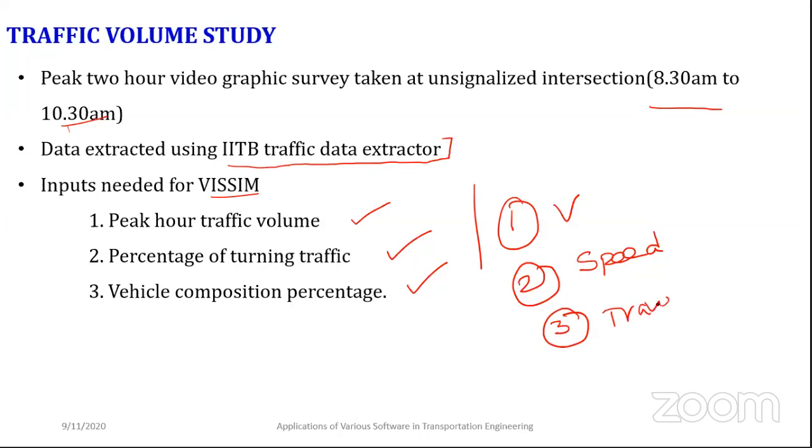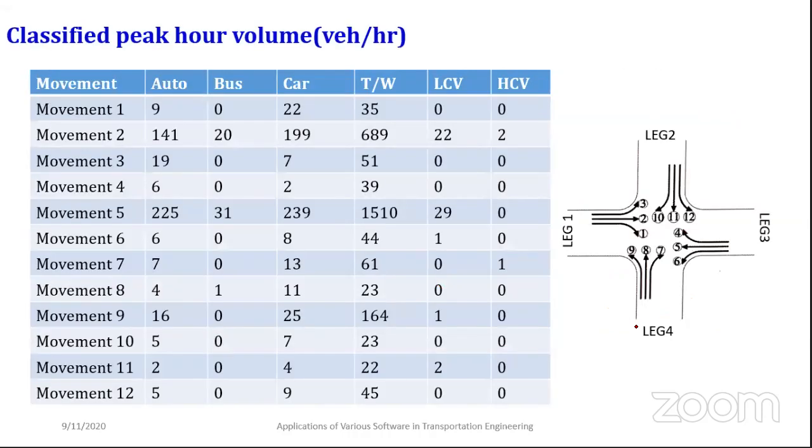Third is the travel time, which also has to match between your predicted, that means simulated, value and your field value. These 3 you have to compare, and if there is more error you have to calibrate again, reducing the comparison error so that it gives a close indication of your field value. That is what we do in the VISSIM software.